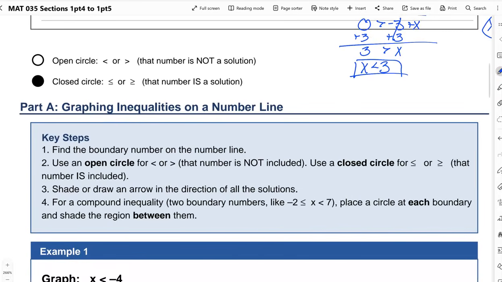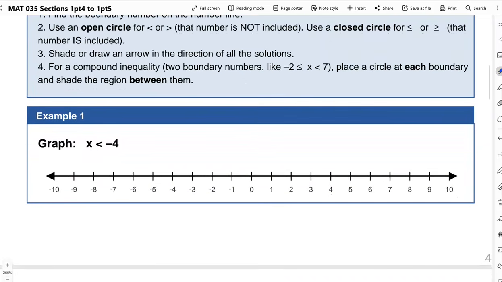Now, some textbooks won't use the open and closed circles. They will use a parenthesis if it's not including a value, so strictly less than or greater than, and then we use a bracket if it's including, so greater than or equal to or less than or equal to.